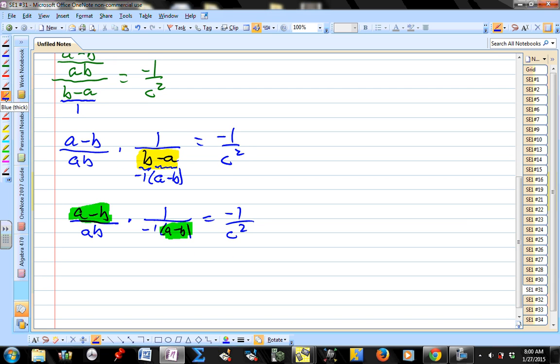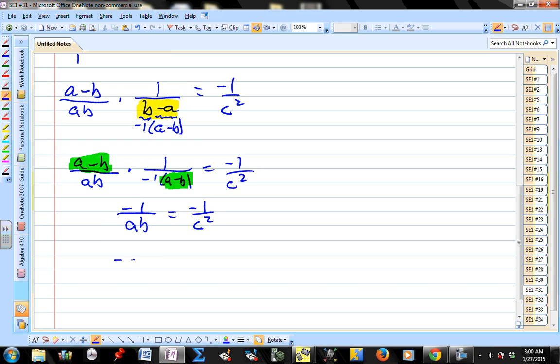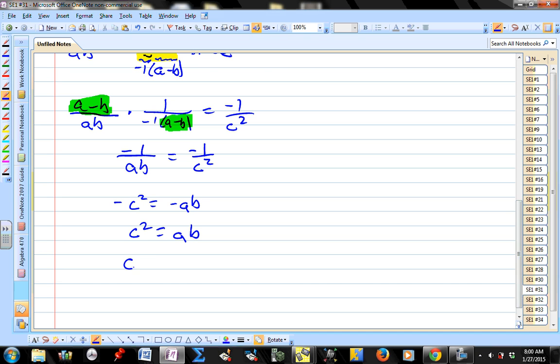And we'll have negative 1 over ab equals negative 1 over c squared. So now we'll cross multiply, divide each side by negative 1, and to get c by itself, we'll square root.